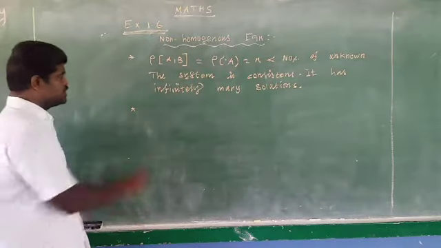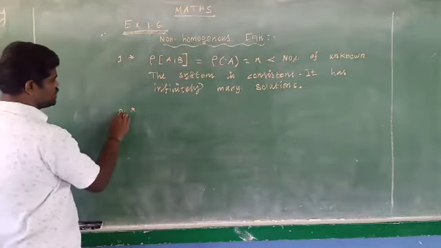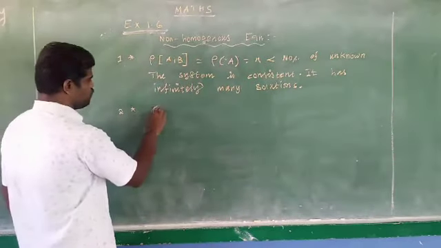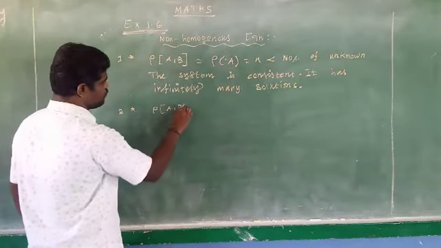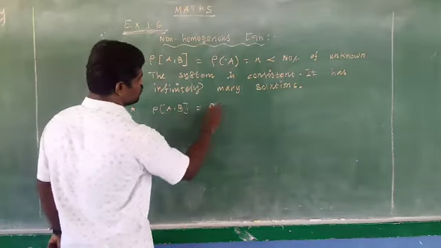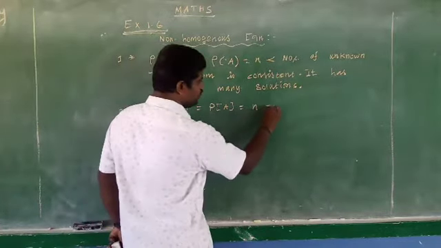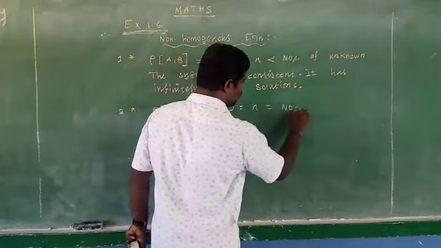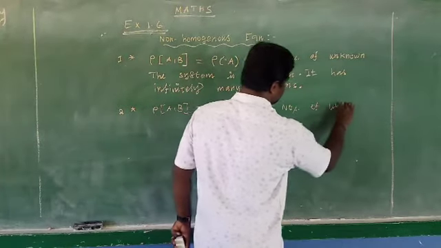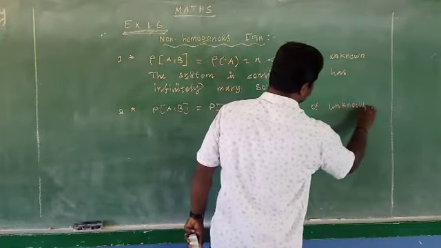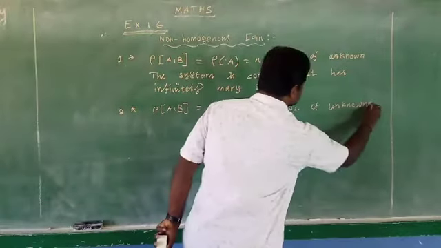And the second case: the rank of A comma B is equal to the rank of A, equal to n, which is equal to the number of unknowns.